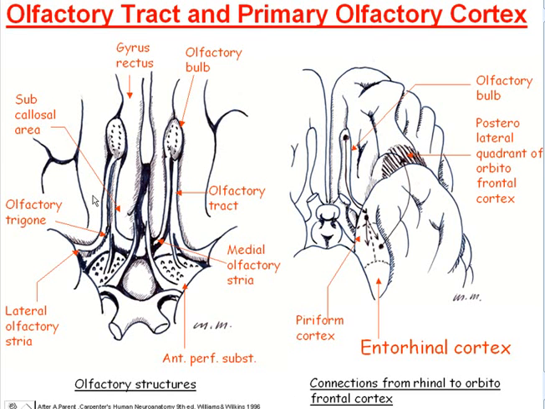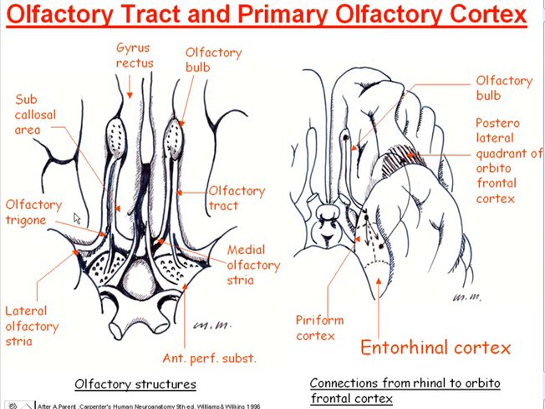The olfactory tract and primary olfactory cortex are located in the basal portion of the brain, between the gyrus rectus and the orbital frontal lobe.